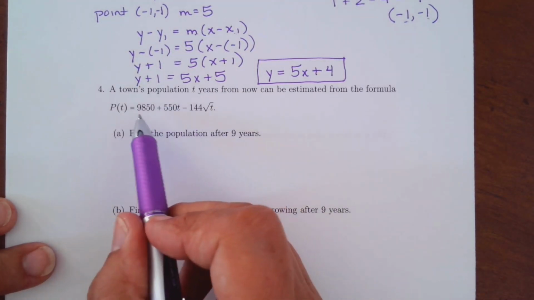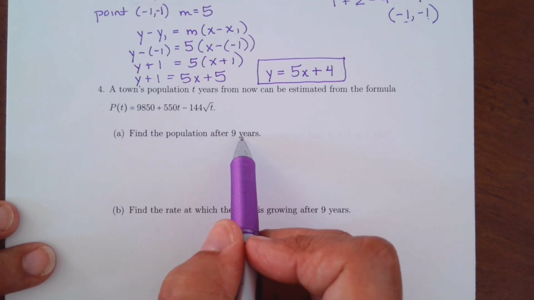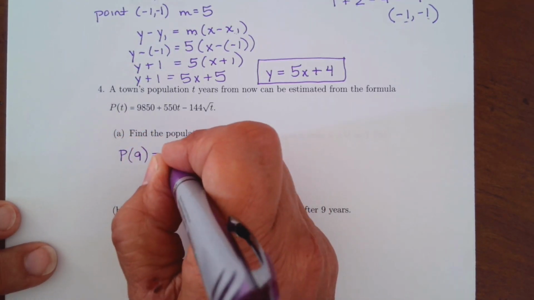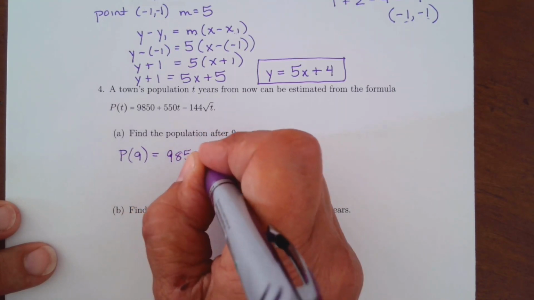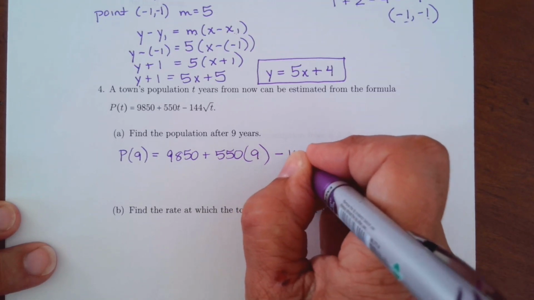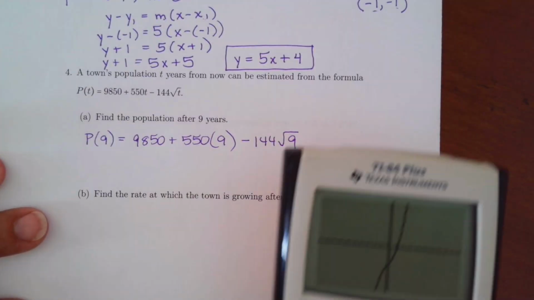So if we want to find the population after 9 years, we're just going to plug 9 into the formula. So 9850 plus 550 times 9 minus 144 square root of 9. We're just going to put that in the calculator.